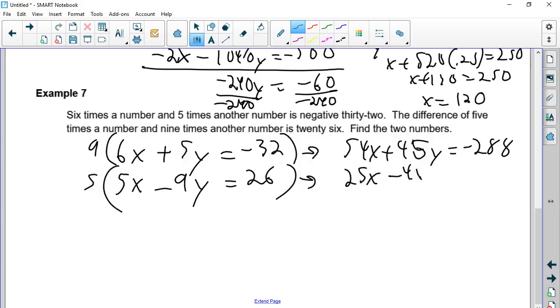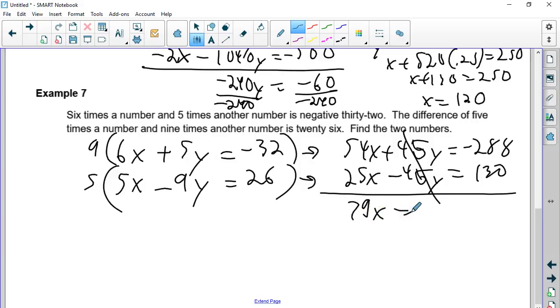Negative 45y, which is going to cancel, equals 26 times 5, which is 130. When I add these, the y's cancel. 54 plus 25 is 79. And negative 288 plus 130 is negative 158.